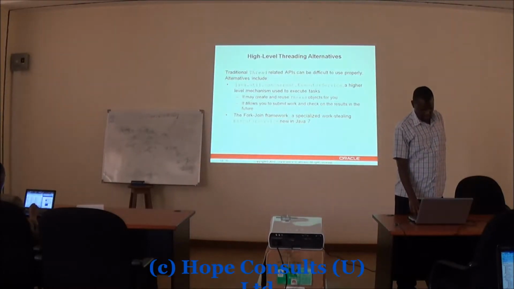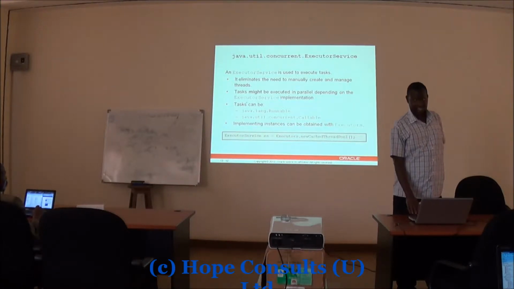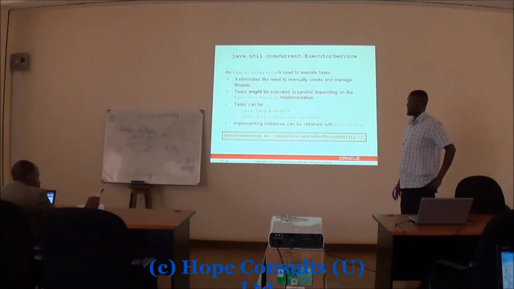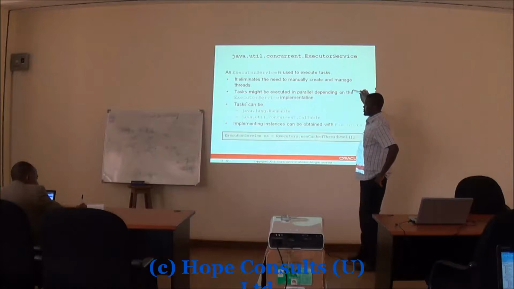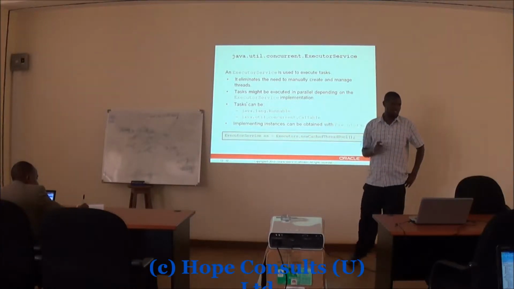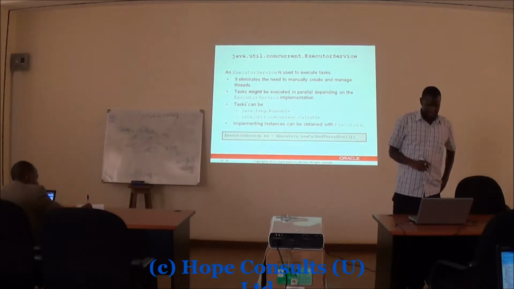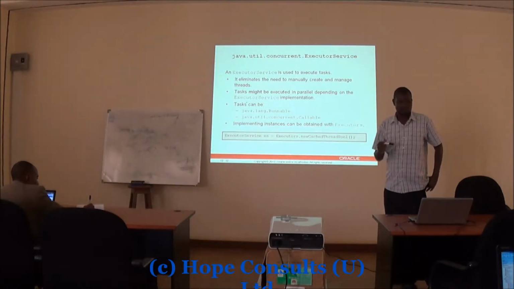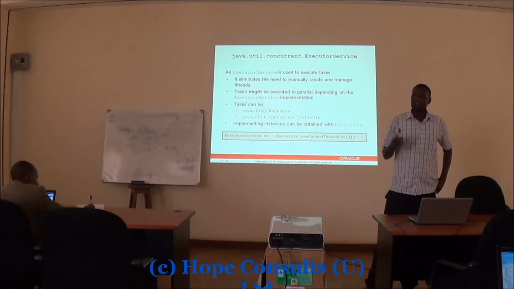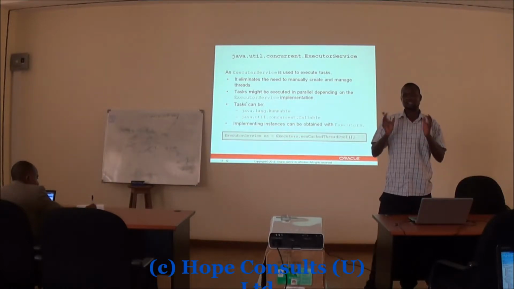But most important in this module is the executor service, which is the most critical point in this module. The executor service is used to execute tasks. It eliminates the need to create threads manually.